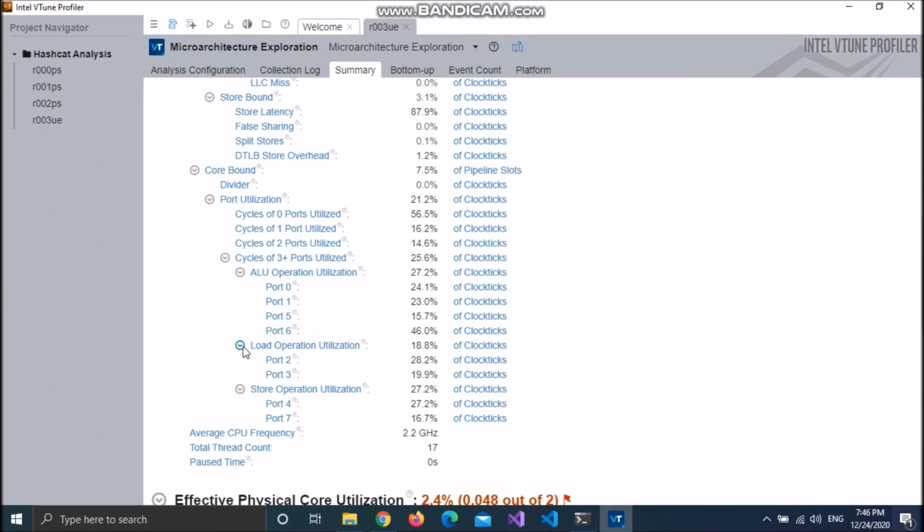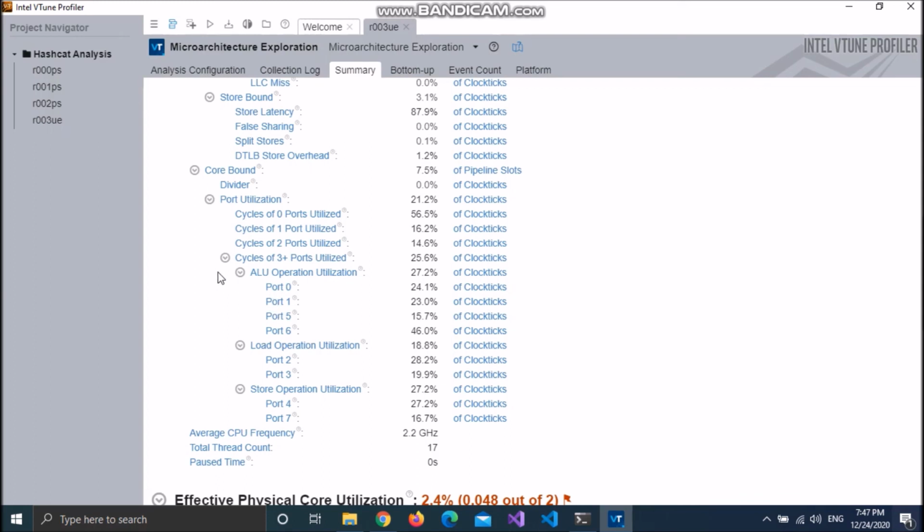Same as for load operations utilization and store operations utilization. So for ALU operations, it says ports from port 0 to port 6. So I guess there may be around 7 functional units for ALU operations. I am not really sure about it, but this could be it.